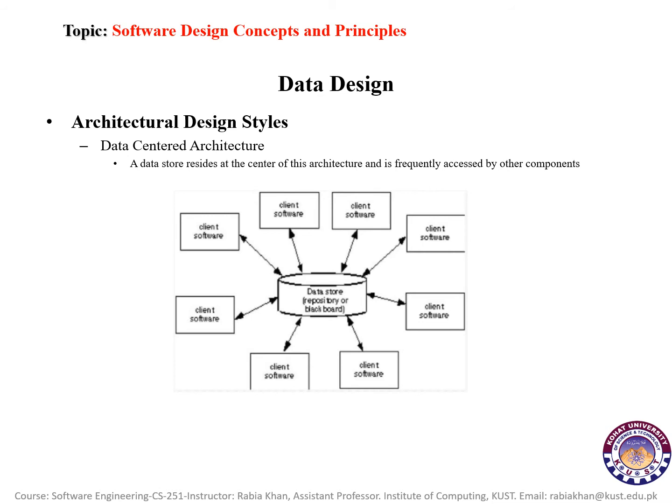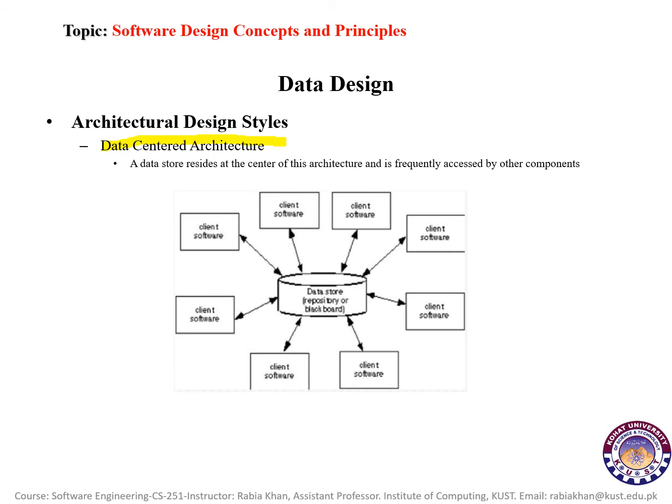Millions of computer-based systems have been created over the past 50 years. The vast majority can be categorized into one of a relatively small number of architecture styles that we are going to discuss next. The first common architectural design style is known as the data-centered architecture.